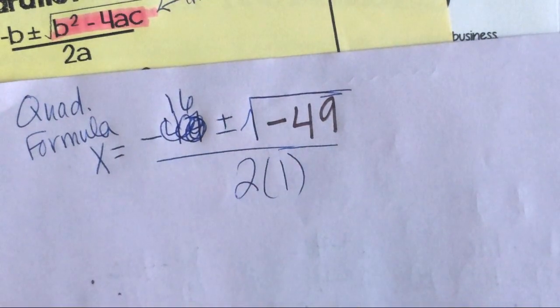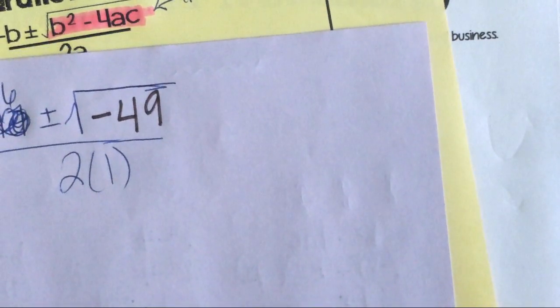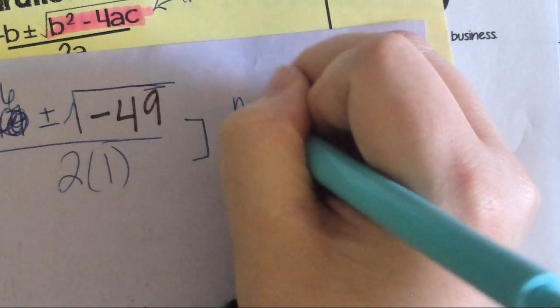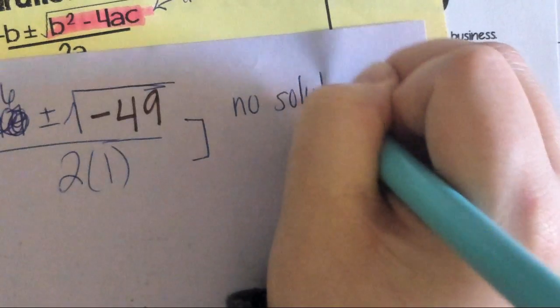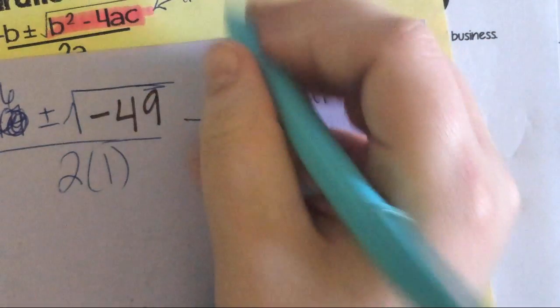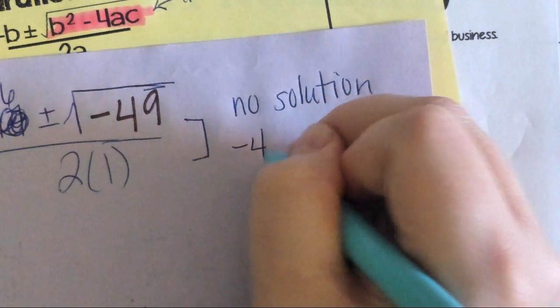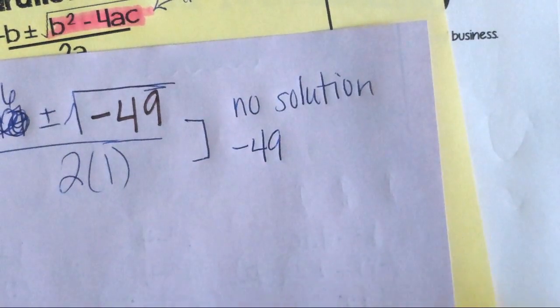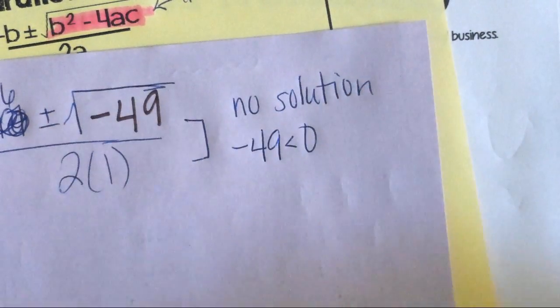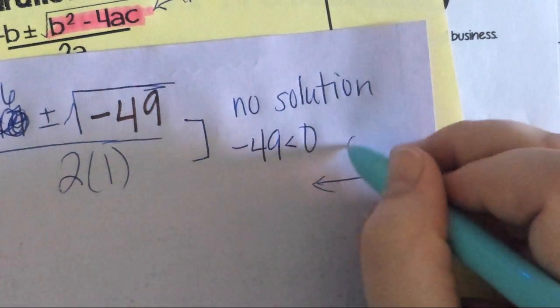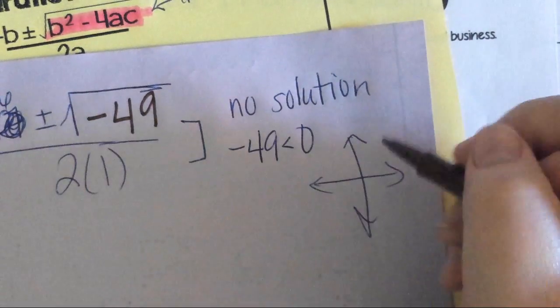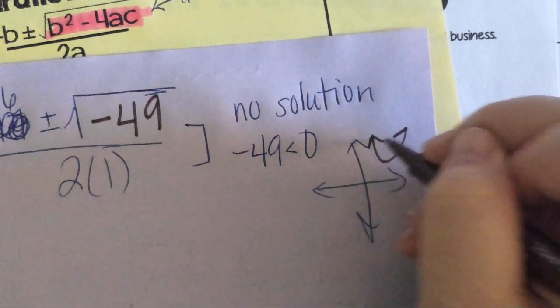No. So what answer should I pick? But again, that ties to my discriminant. My number under the radical, which is called a discriminant, was less than 0. So as we just discussed, that means on my graph, it's never crossing that x-axis.